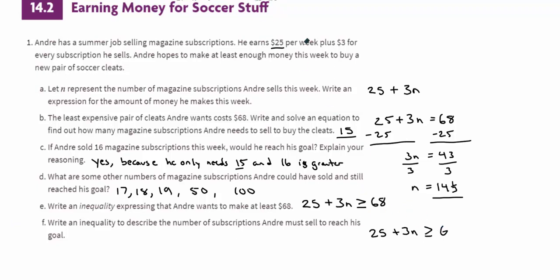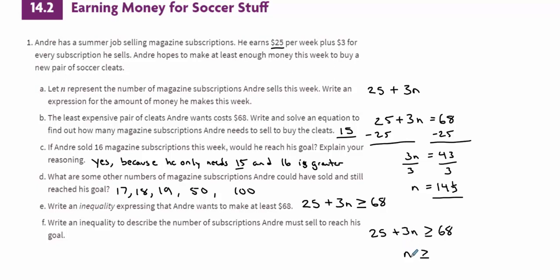Okay, so actually we want to know exactly what this number would be, right? So n has to be greater than or equal to 14 1/3.